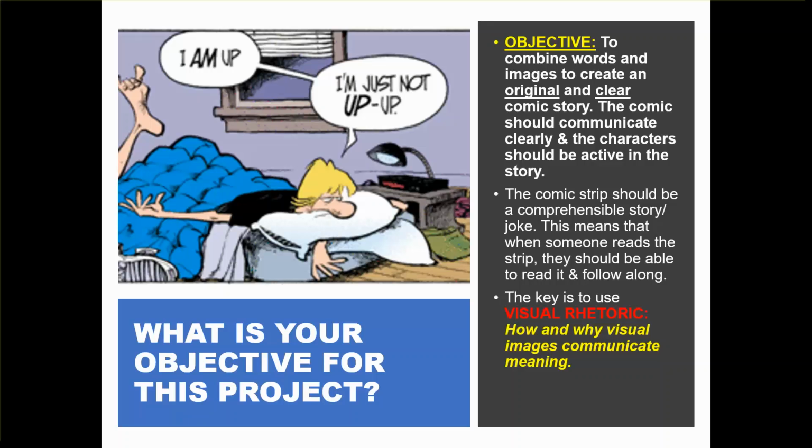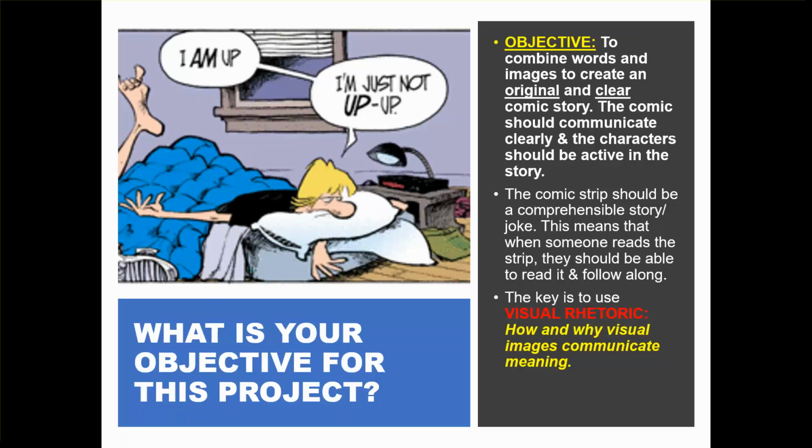So in order for us to do that, I want you guys to write down this first term. This term is key for us to move forward. This term is visual rhetoric. You may not have heard the term visual rhetoric before, but what that means is how and why visual images communicate meaning. In this case, the visual image will be your character.